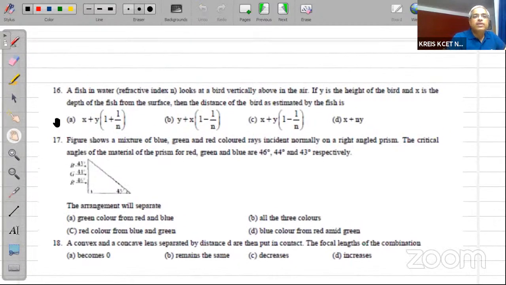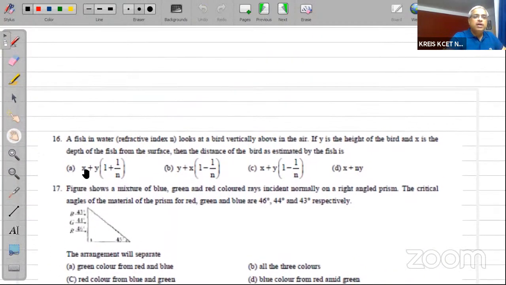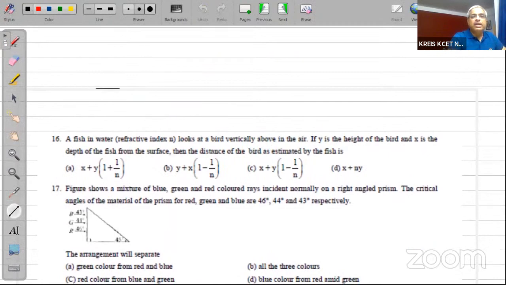16th one. A fish in water of refractive index looks at a bird vertically above in the air. If y is the height of the bird and x is the depth of the fish from the surface, then the distance of the bird as estimated by the fish is. Here, this actually comes under the purview of normal shift.